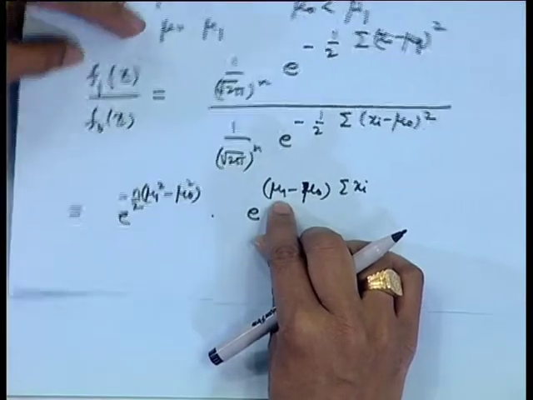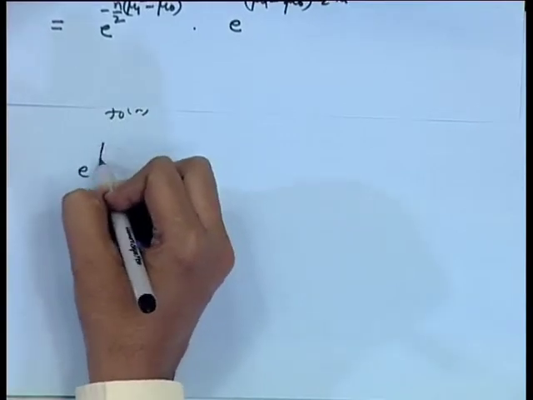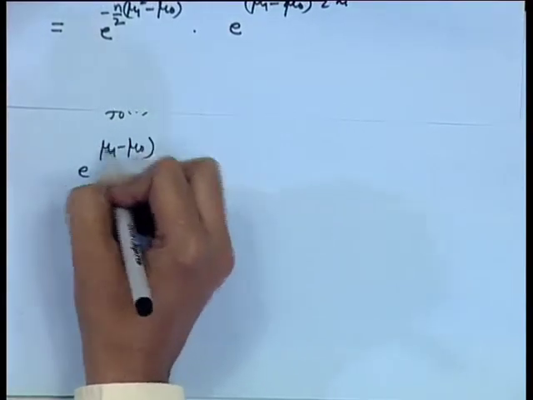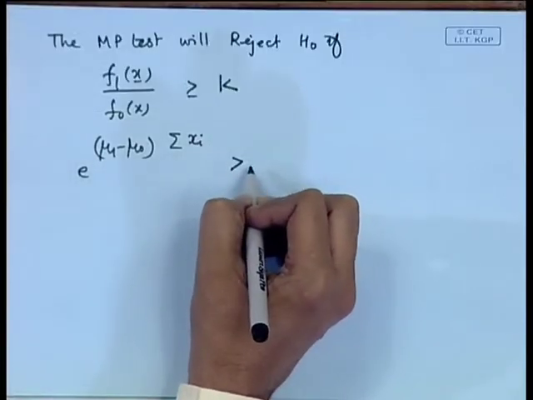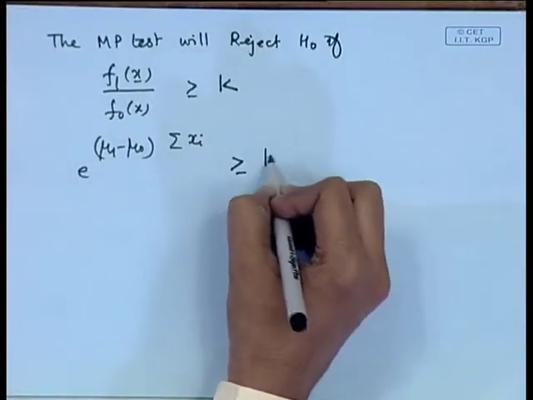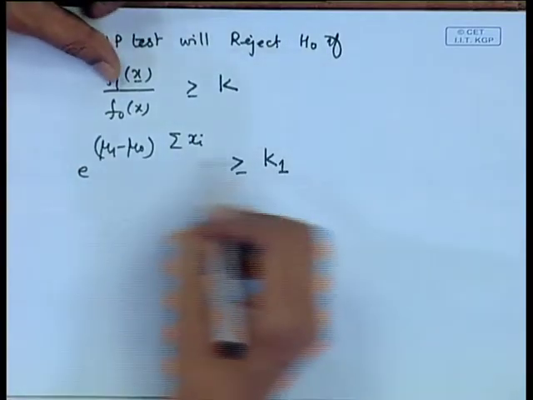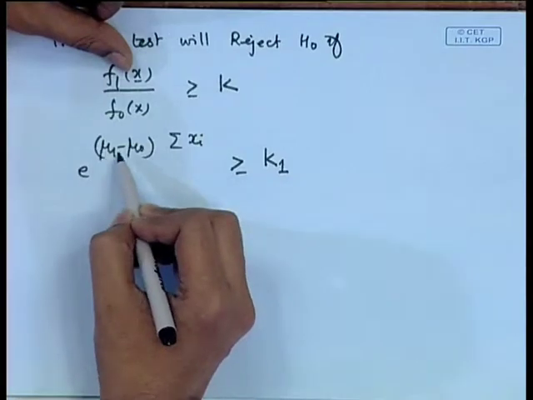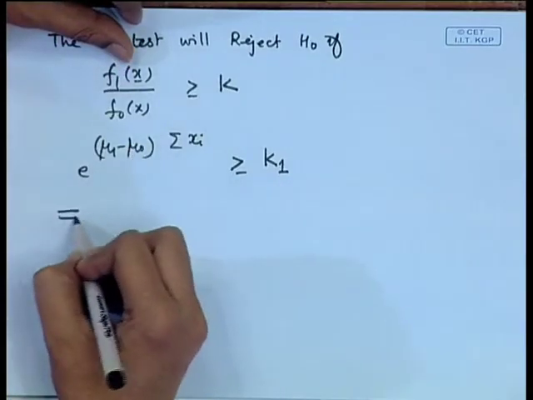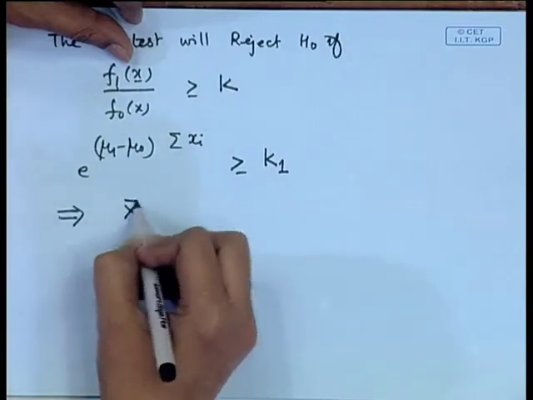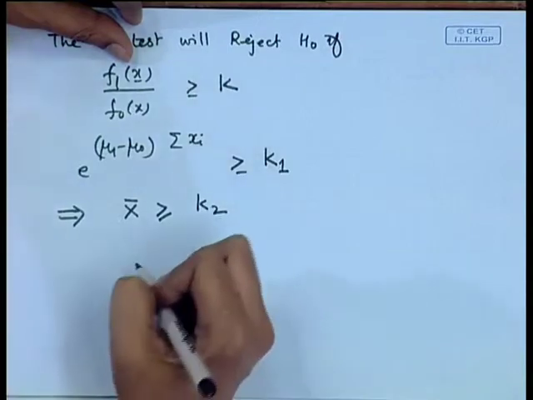So, this region is reducing to e to the power mu 1 minus mu naught into sigma x i greater than or equal to say some k 1. So, if mu 1 is greater than mu naught, then this region is equivalent to x bar greater than or equal to some k 2.